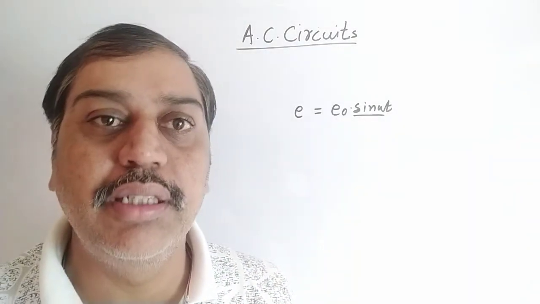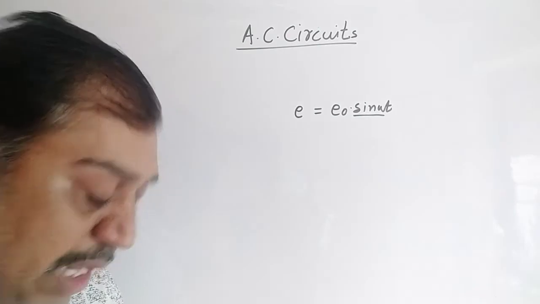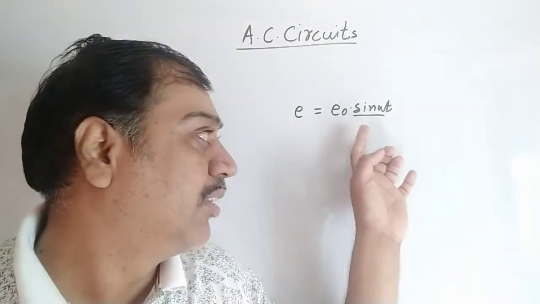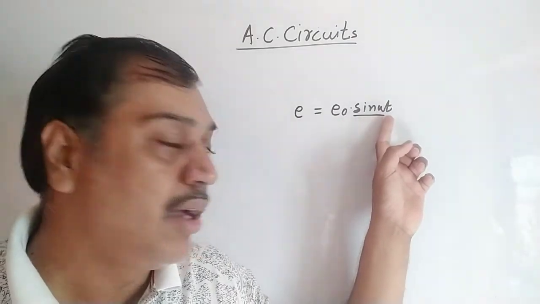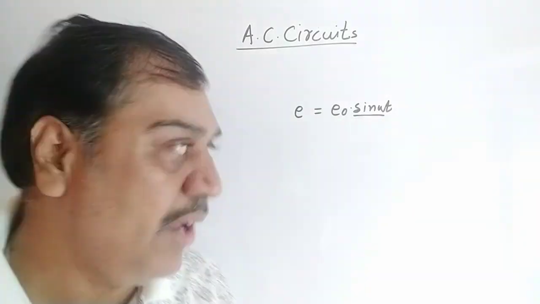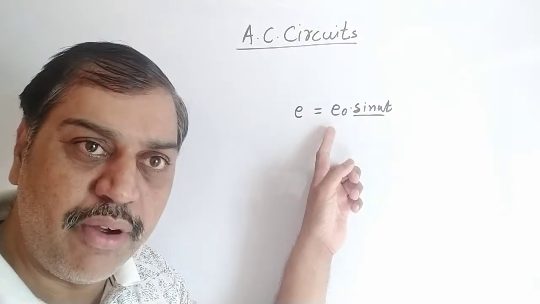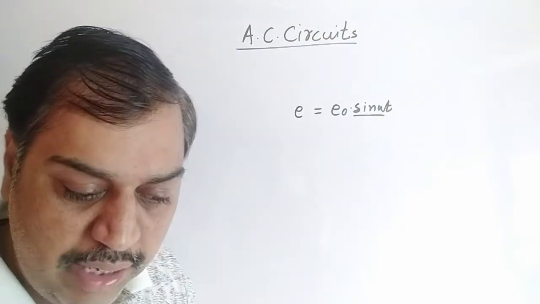Here EMF means voltage. E is changing as a sine wave with time. That's why it is a function of time represented by sine omega t, where E0 is the peak value, the maximum value of EMF. I will tell you that later on.